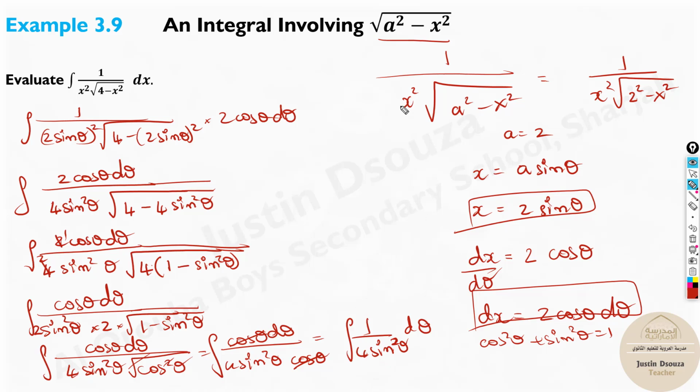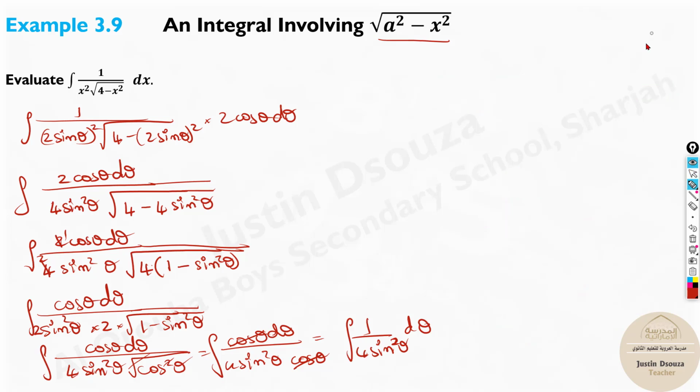Now we have 1 by sine square theta and there is no integral formula for 1 by sine square. But you know what is 1 by sine square? It is cosecant, right? So I will take the constant 1 by 4 out, integral, and instead of 1 by sine square, I'm going to write cosecant square theta d theta.